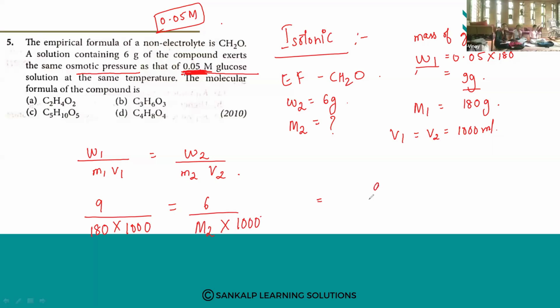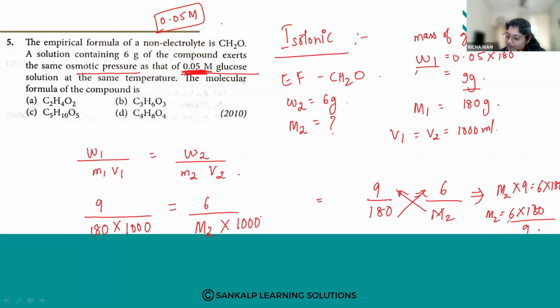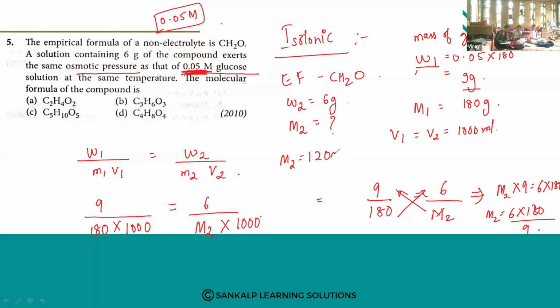So 9 by 180 is equal to 6 by M2. Cross multiply: M2 into 9 is equal to 6 into 180. M2 is equal to 6 into 180 divided by 9. So M2 is equal to 120 grams.